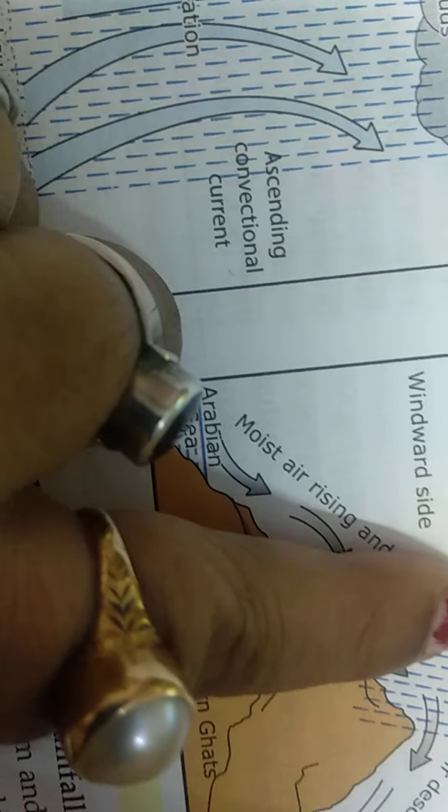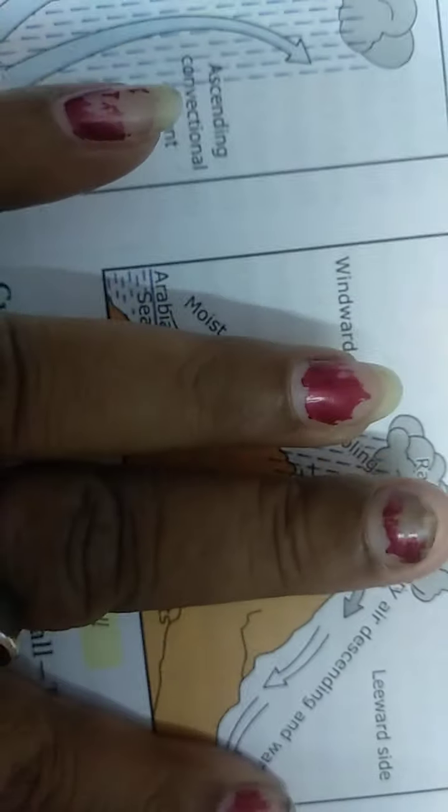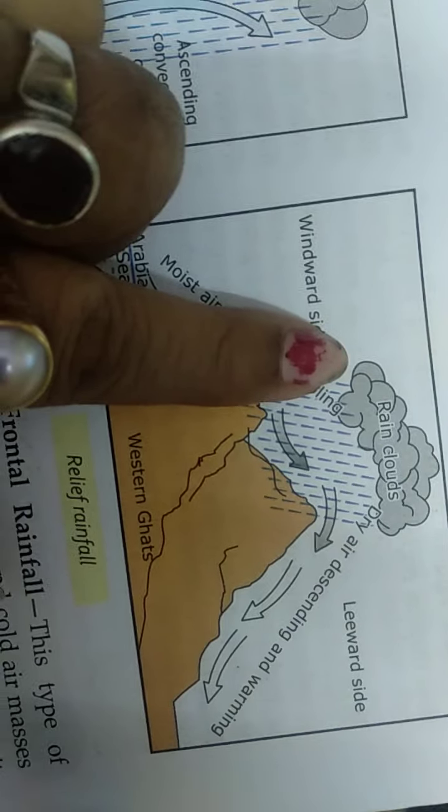When the cloud becomes heavy, it starts raining. Now the rest of the wind is going down, but it doesn't have any water particles in it because those particles have gone up, cloud has formed, and it has rained over it.